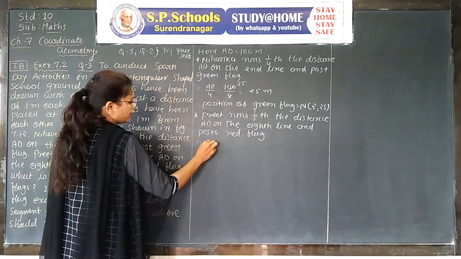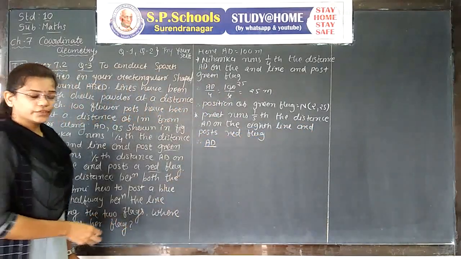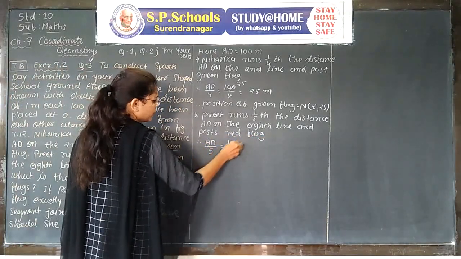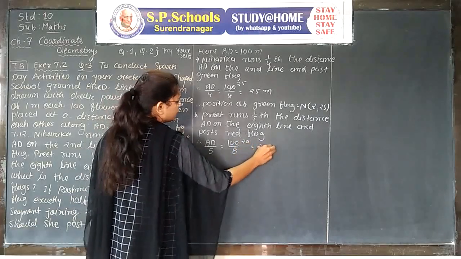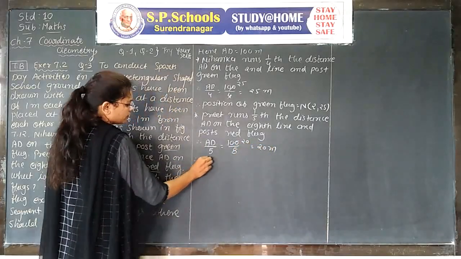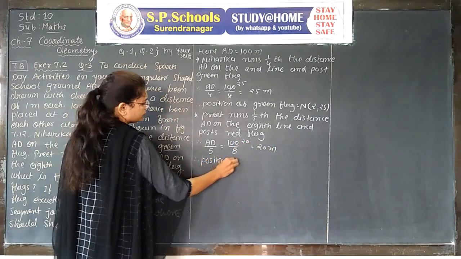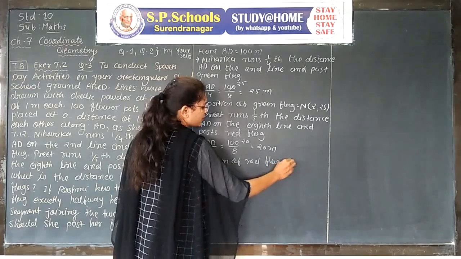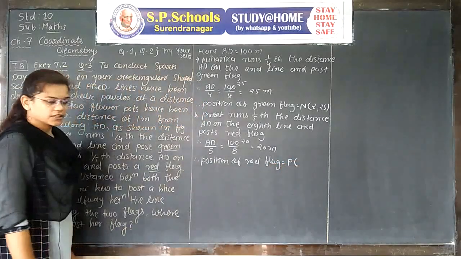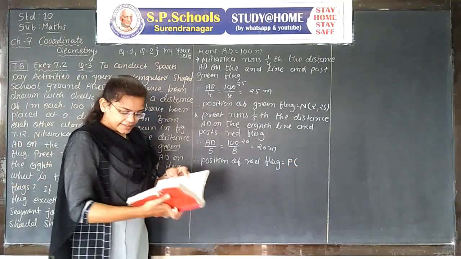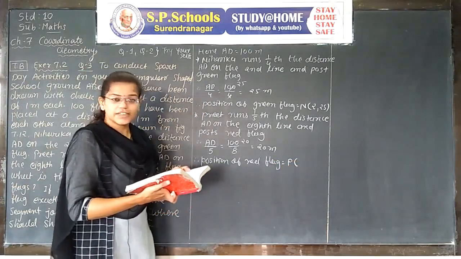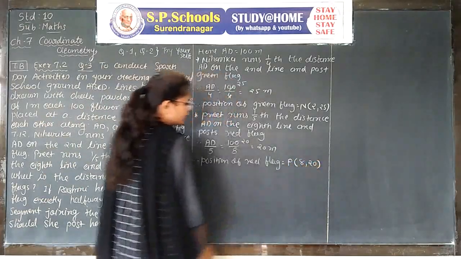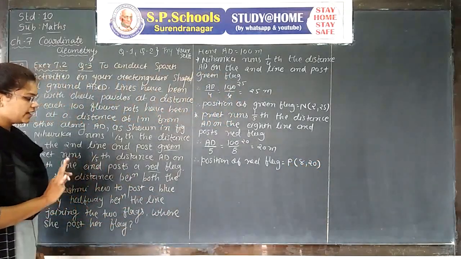That's why we need to find 1/5 distance of AD. AD divided by 5, 100 upon 5, which is 20 meters. That's why the position of the red flag posted by Preet, the name of the point is P. 8th line on horizontal AB represents the x coordinate 8 and 20 represents the y coordinate. The positions of both flags are available here.